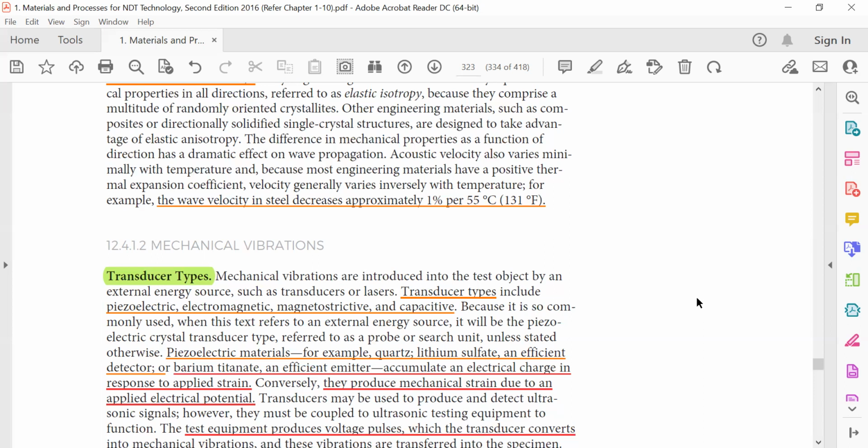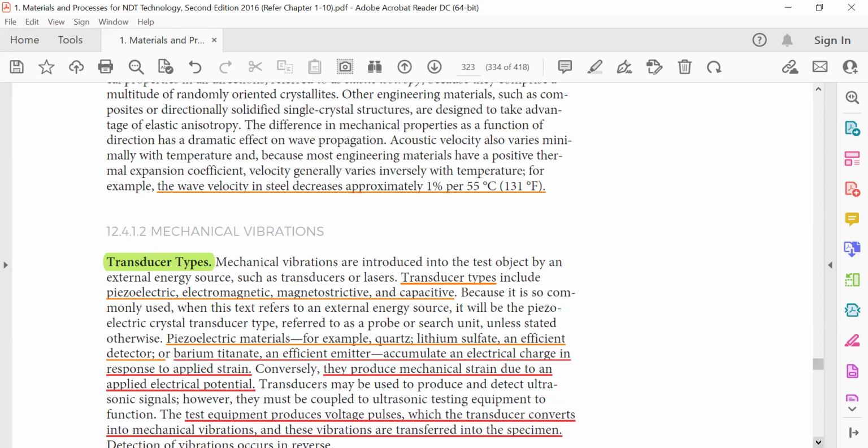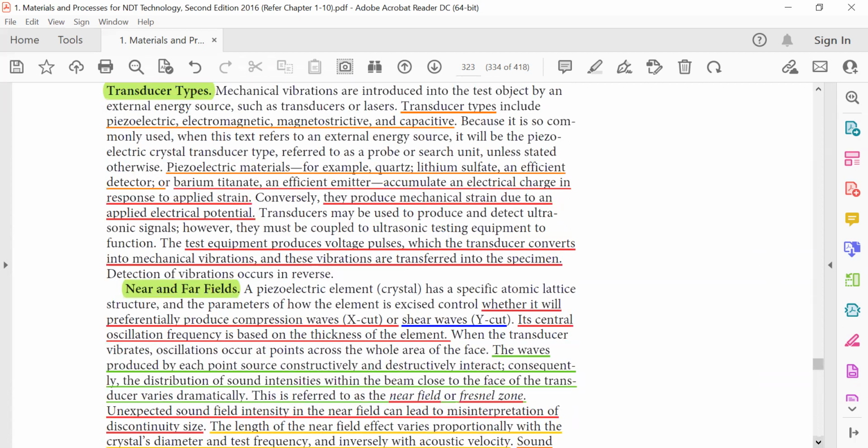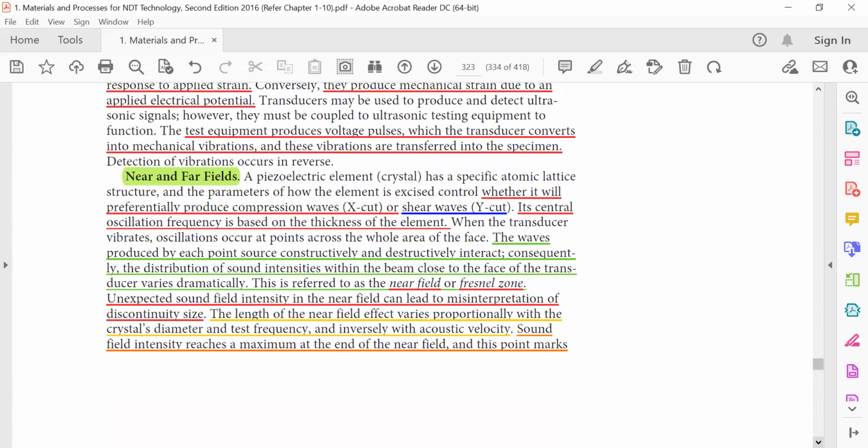Test equipment produces voltage pulses, which the transducer converts into mechanical vibrations, and these vibrations are transferred into the specimen. Near and far field.